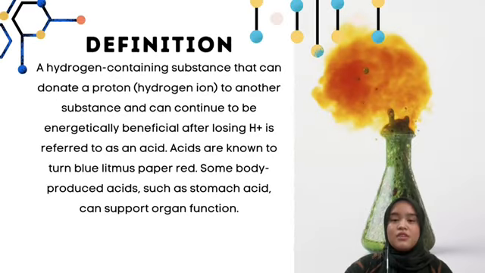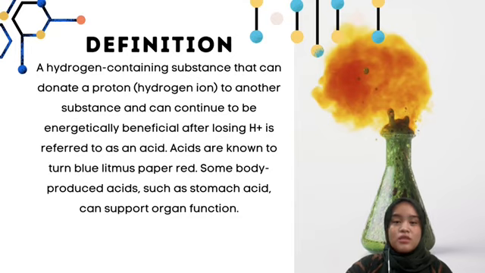Acid is a hydrogen-containing substance that can donate a proton, which is hydrogen ion, to another substance and can continue to be energetically beneficial after losing H+. Most acids contain a hydrogen atom bonded that can release or dissociate to yield a cation and an anion in water.